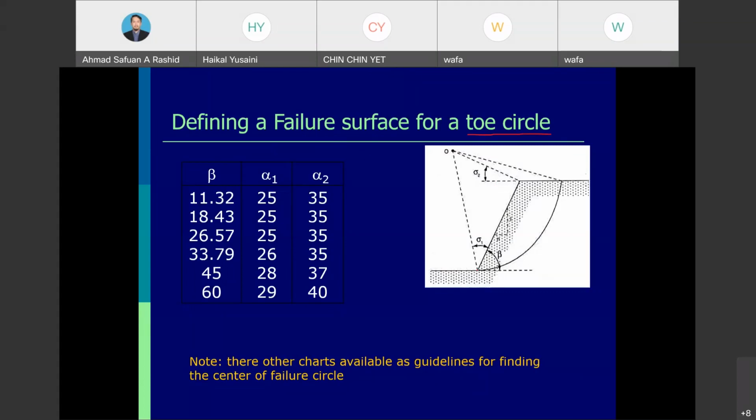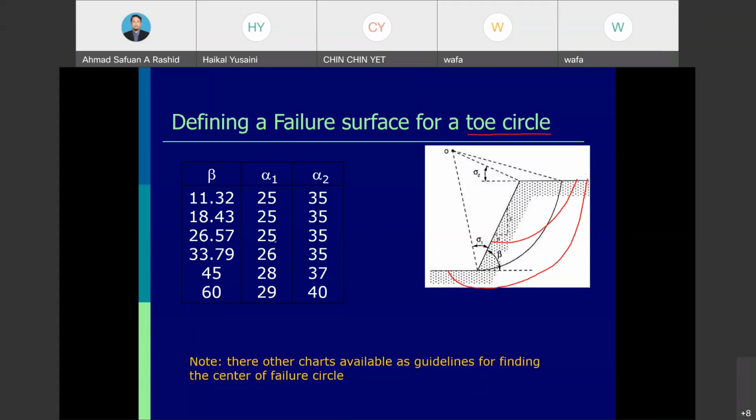There will be a base failure, where it is enlarged, a larger failure, and there will be a failure produced at the slope surface. For this type of failure, we call it a toe circle failure.